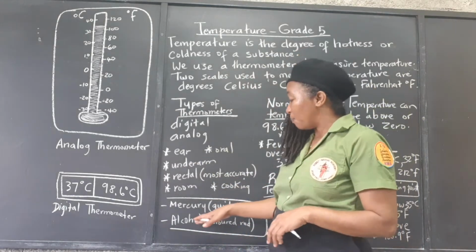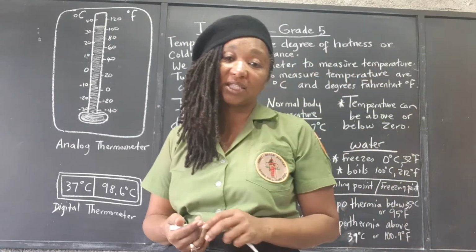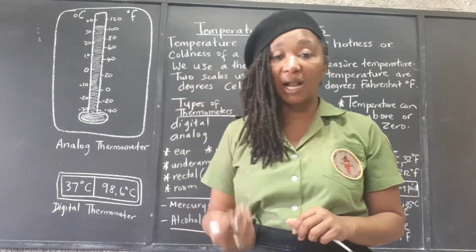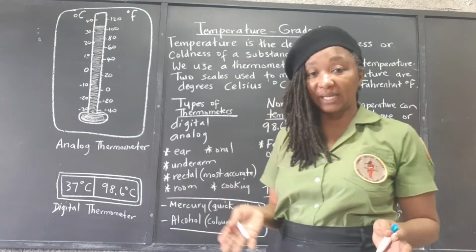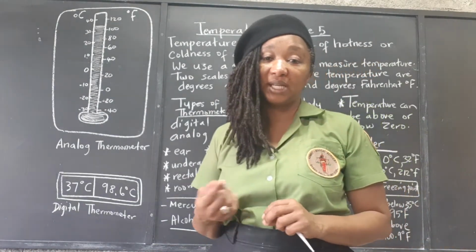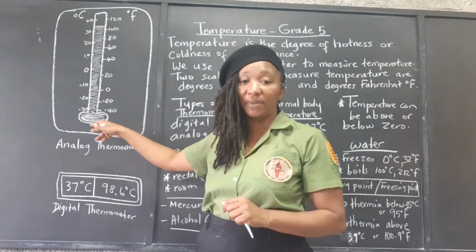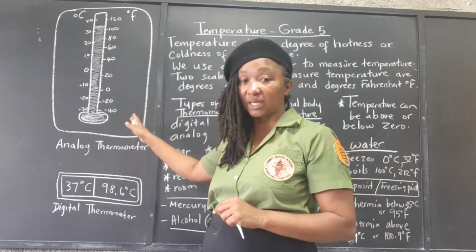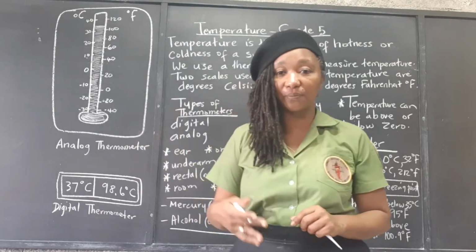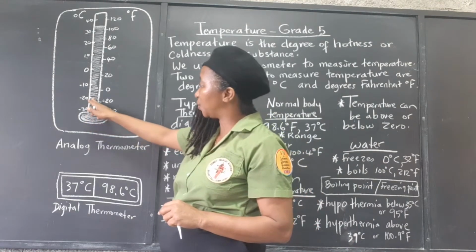So mercury has, in a lot of cases, been replaced with alcohol, and the alcohol is usually colored, dyed, so that you can take the reading easily. Whatever liquid is used in the thermometer, it would expand very quickly when exposed to heat or change in temperature, and it would rise up the tube.